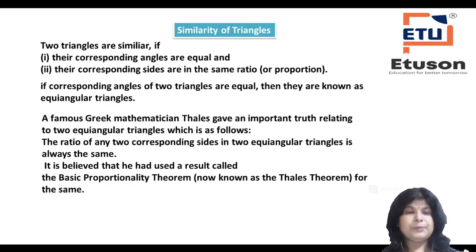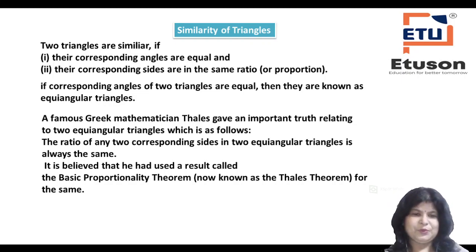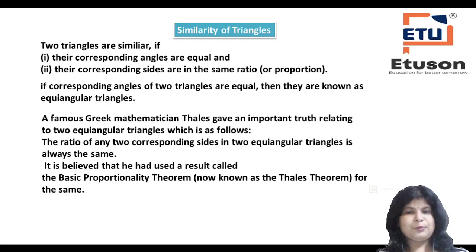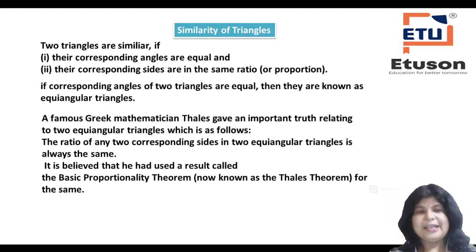It is believed that he used a result called the basic proportionality theorem, which is otherwise known as Thales theorem, for this. Because he used this concept to find the ratio of corresponding sides, the theorem goes by his name: Thales theorem, otherwise known as the basic proportionality theorem.